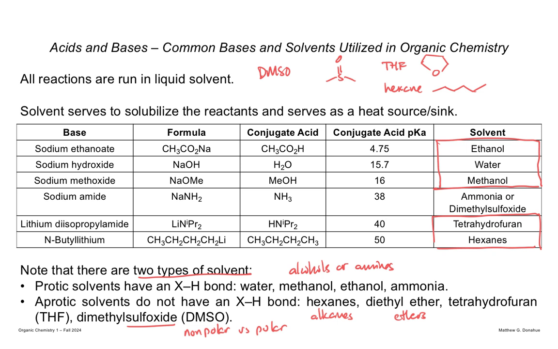We know how to do that by looking at the functional groups present in them, and whether there's a difference in electronegativity of the bonds. Hexanes is nonpolar, while tetrahydrofuran is polar because it has a CO bond.